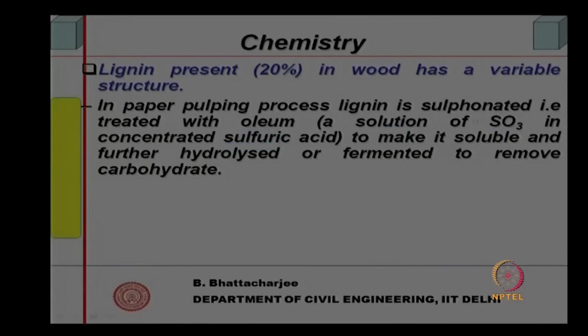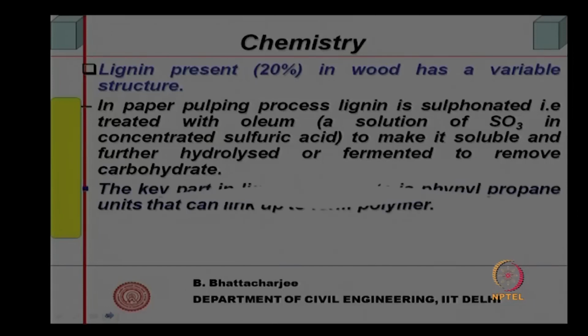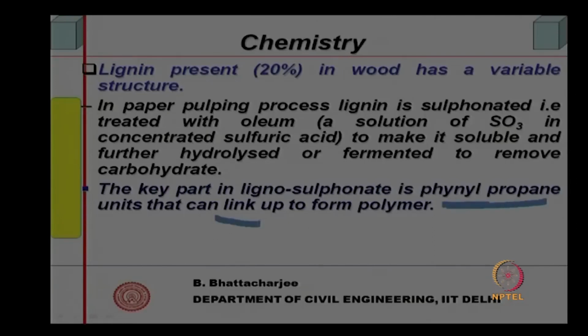So, lignin is treated with oleum to make it soluble, and then it is further hydrolyzed or fermented to remove carbohydrate. The key part in lignosulfonate, of course, is phenyl propane units that can link up to form a polymer.